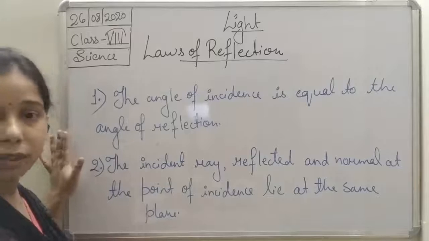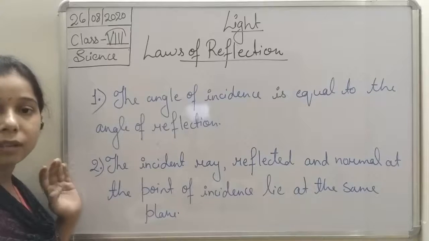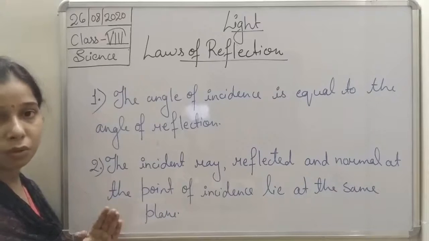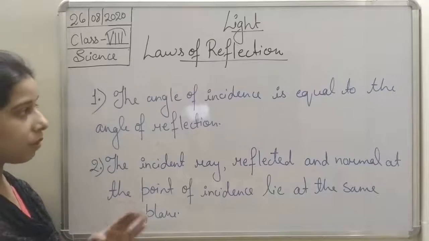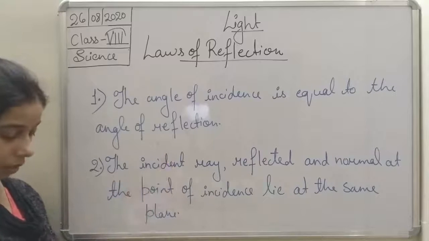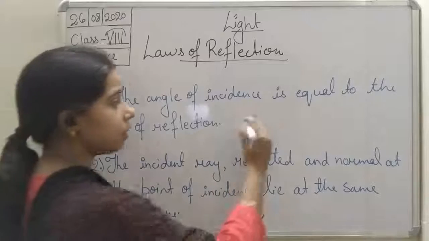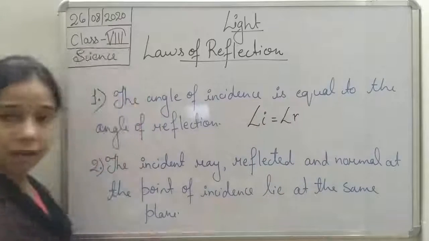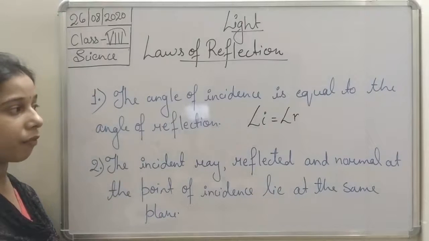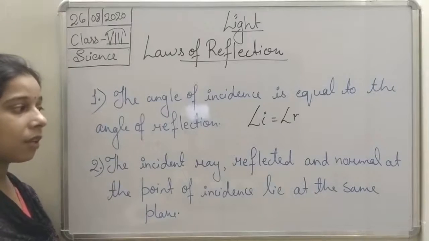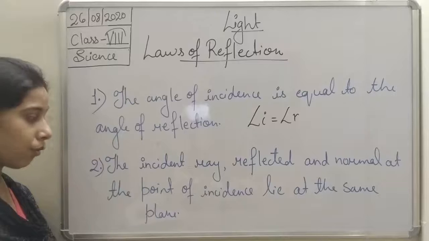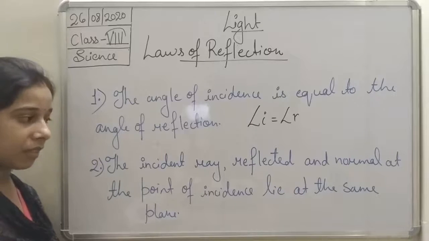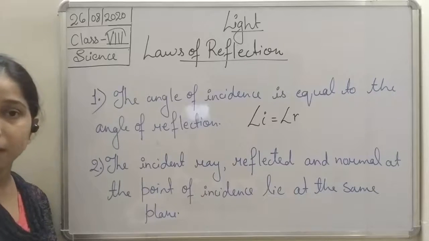In the examination, the question will be asked: what are the two laws of reflection? Write them. Angle of incidence I is equal to angle of reflection R. The incident ray, reflected ray and the normal at the point of incidence lie in the same plane.